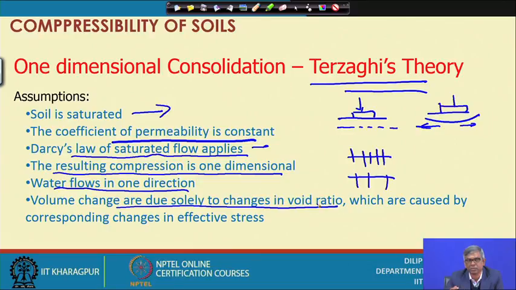And how does void reduction happen? Initially voids are filled with water; when water goes out, the voids become empty and the soil grains, being loaded, come closer, closing the void spaces. So the volume change is only because of change of void ratio, with no compression of water or of solid particles.